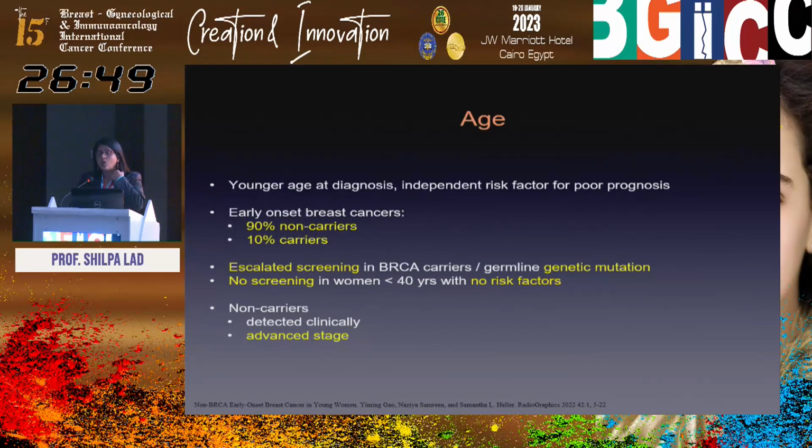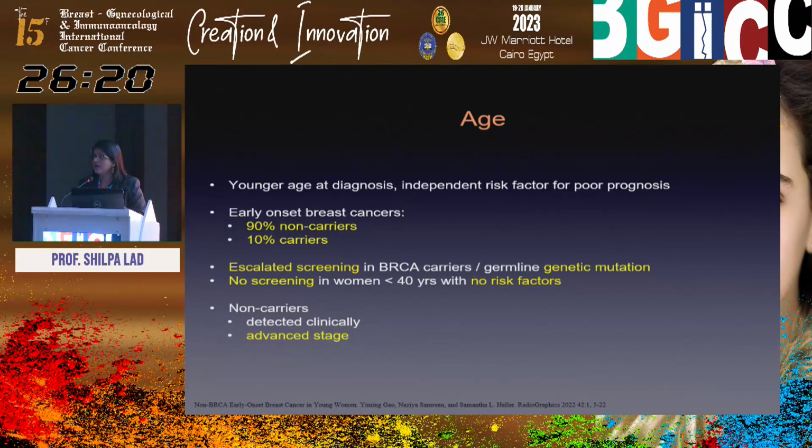Okay, what are some of the factors that we want to look at? Age. Younger age at diagnosis is an independent risk factor for poor prognosis. And the interesting thing about younger age breast cancers is that 90% of cancers happening in women under 40 years of age happen in non-carriers, women who are not BRCA mutation positive or germline mutation carriers.